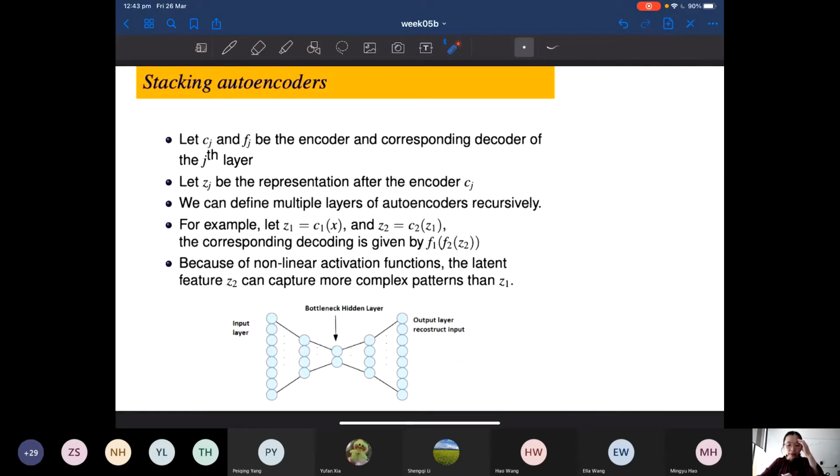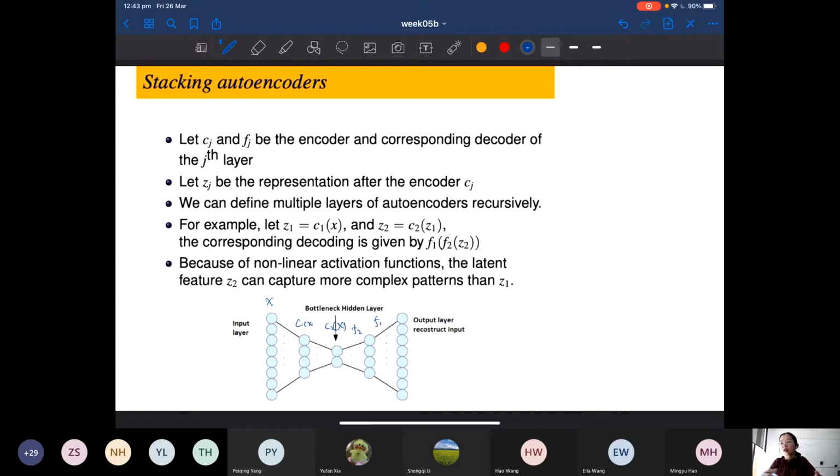We can also think about C of X in different layers. Basically, if the input is X, then we can have C1 of X and C2 of X. And then we can also break down the reconstruction into layers, so this layer is F2 and this layer is function F1.